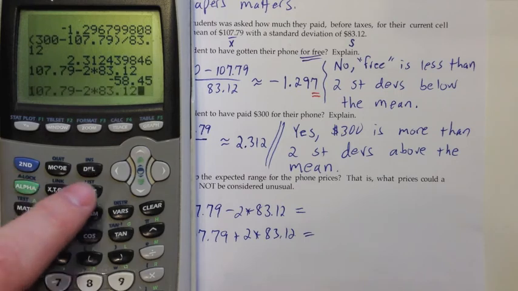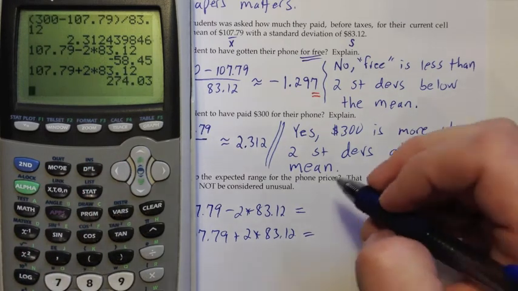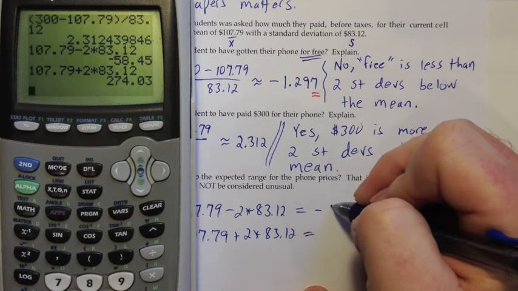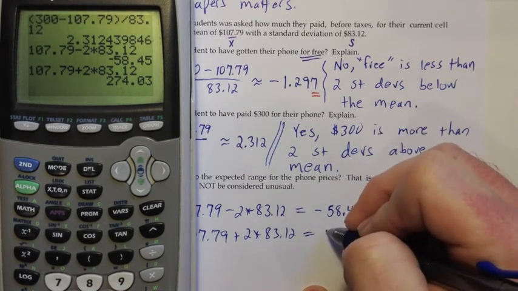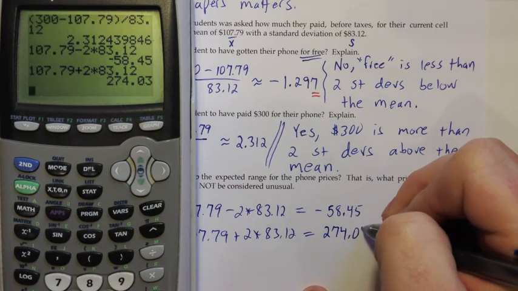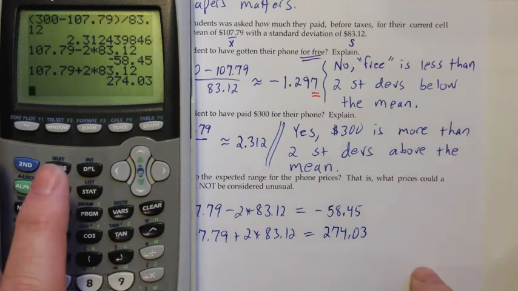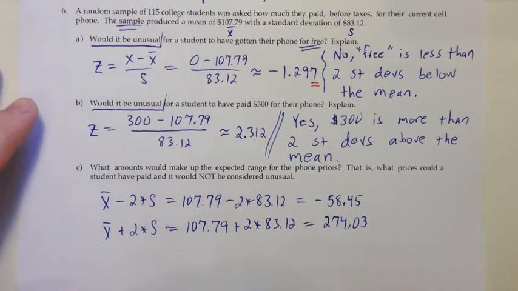And then I'm going to do second enter and change that to a plus. And I get negative 58.45 and positive 274.03. And this is not the answer, but these are the boundaries on that answer.